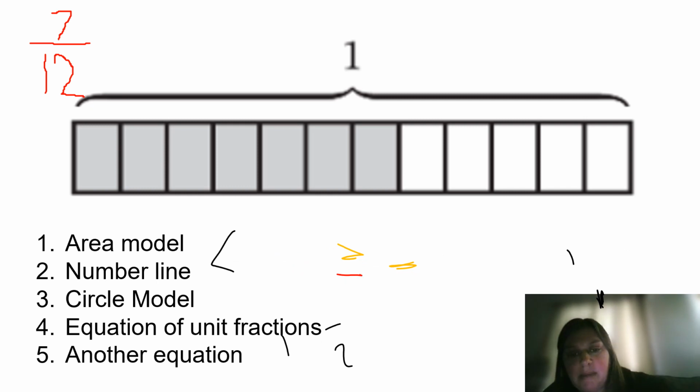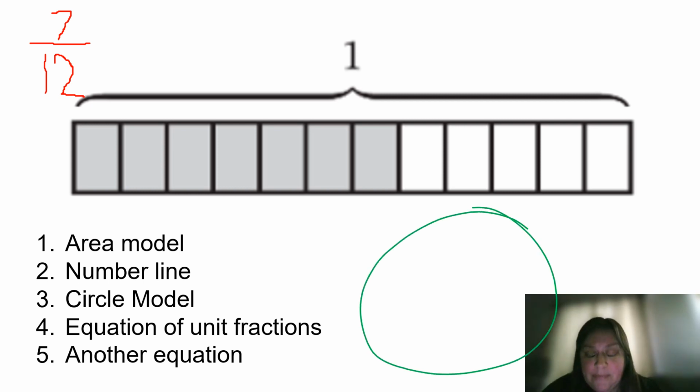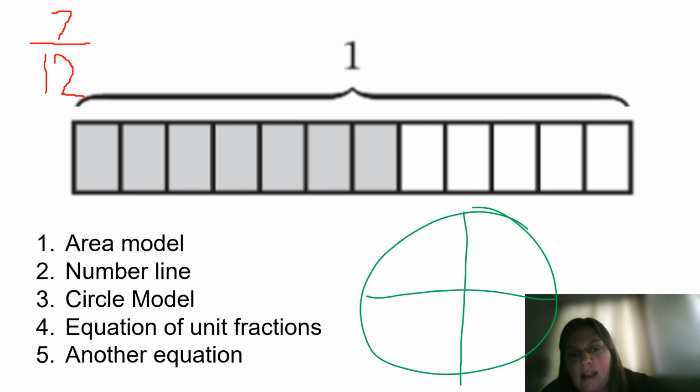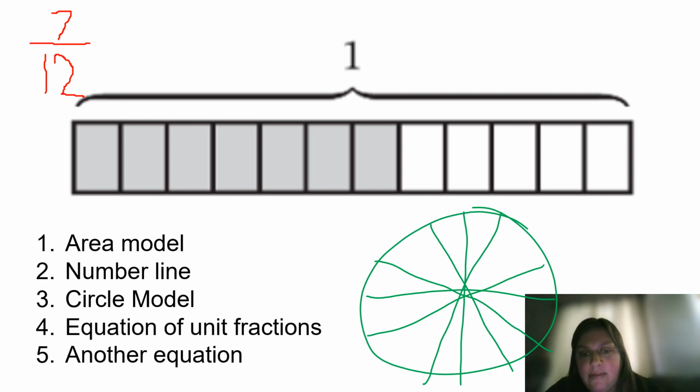What is the next model we have on our list? These are all the ways we have to be able to make it. And the next one is a circle model. So we're going to draw a nice big circle on our boards. And we know we're cutting it into 12 pieces. So my best way again is half, fourths, and then I know I can cut each of these into 3 pieces. 3, 6, 9, 12.